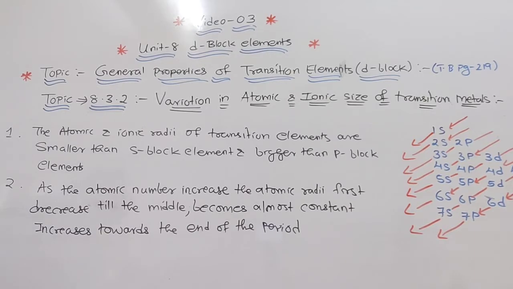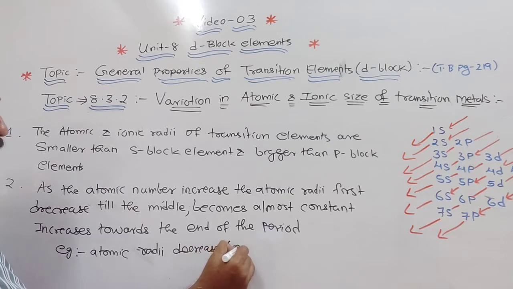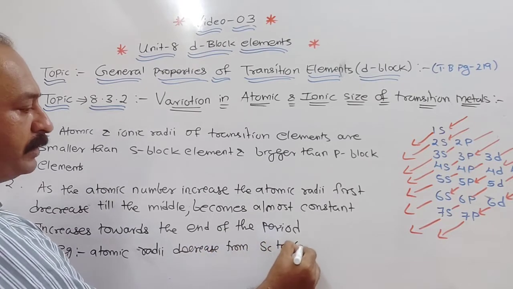Now for example, if you see in your text, the atomic radii graph is given there. The atomic radii of the first transition series decrease from scandium to chromium, like this.